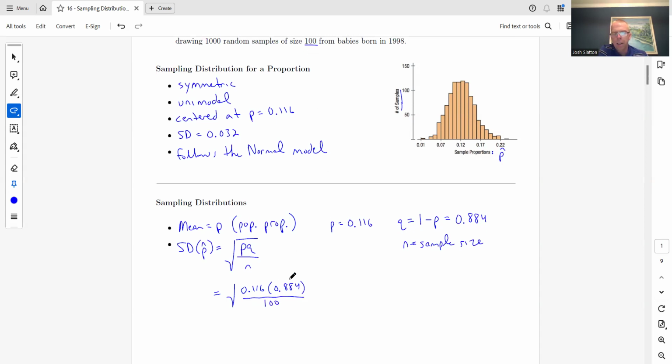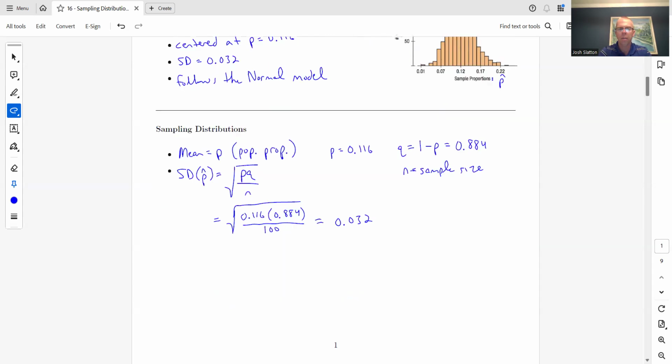When we plug that into the calculator, we get 0.032, like I said. What that 0.032 says is how much the sample proportions are deviating from the mean of 11.6%. That's what it means.